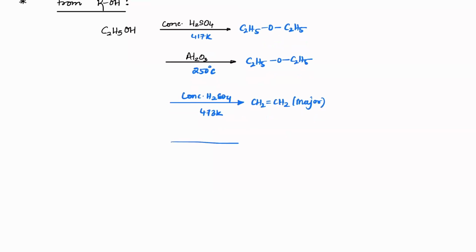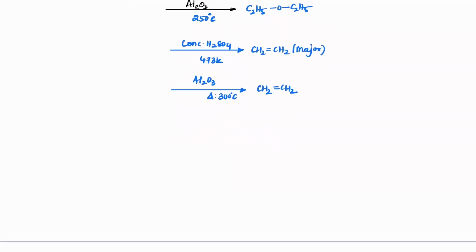And same way, if you have Al2O3 given with heat, which means this is more than 300 degrees Celsius, then alkenes will be major product. So ethers are very much temperature control cases. For example, if you have an alcohol here like this, and using concentrated H2SO4, so H plus is what it provides.